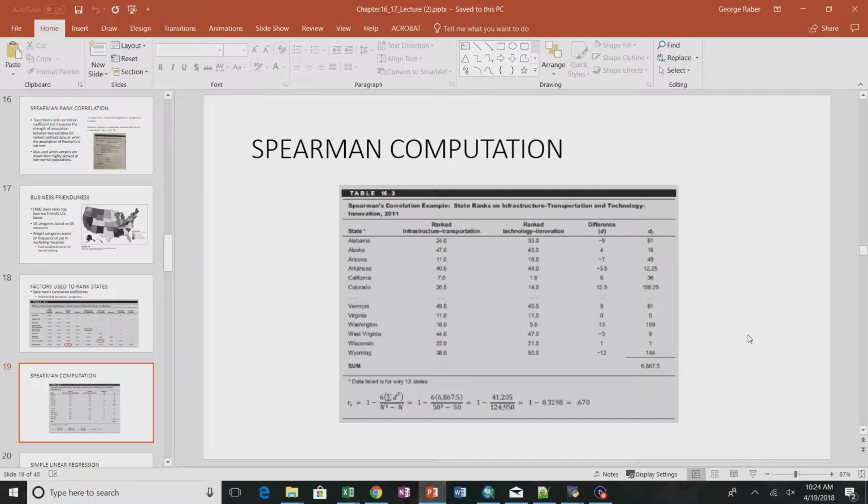So that's constant for a specific analysis. The only thing that could change is the differences. As the differences increase or decrease, you get a larger number on top, and that would mean you get a larger value. And you're going to range from 0 to 1 here.